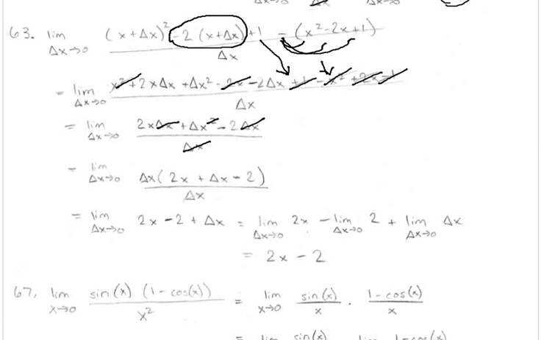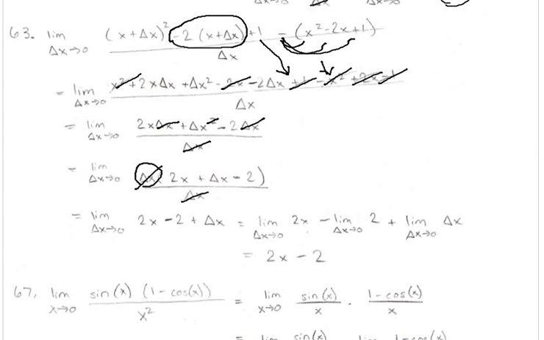Or I can recognize it as saying, hey, I have a factor of delta x in 3 terms. I'll take out that 1 delta x and then cancel it one time there, whichever way that you prefer. This leaves me only with the limit as delta x goes to 0 of 2x minus 2 plus delta x.